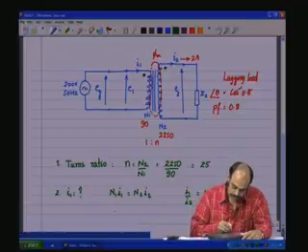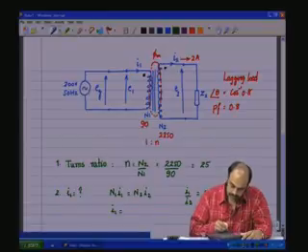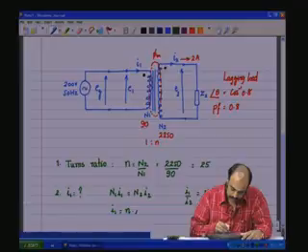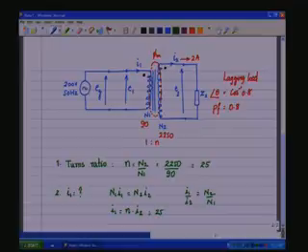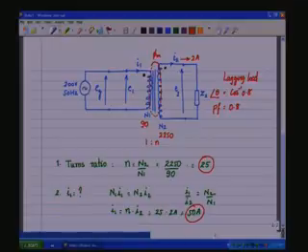So, therefore, we have I1 which is equal to N into I2, which is 25 into 2 amps is 50 amps. So, for a 2 amp secondary current, the primary current is 50 amp RMS, because it is a step up transformer.